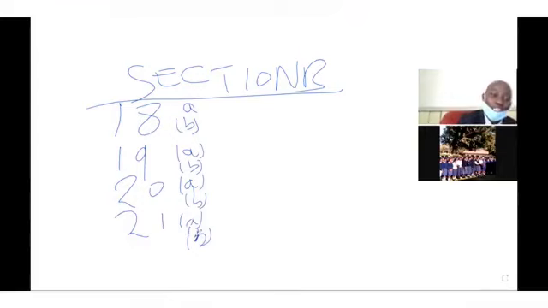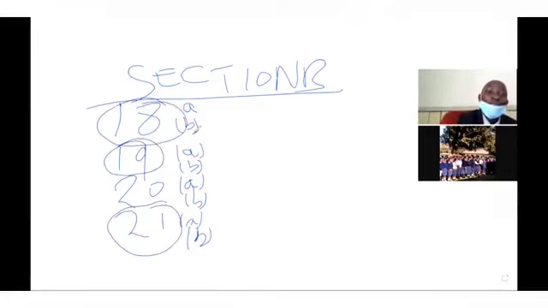And any 3 means you can choose number 19, number 21, and number 18. The rule of A and B. There are students who come and tick number 18A, number 19B, number 20B. Then they will say they have answered 3 questions. No, this is not 3.